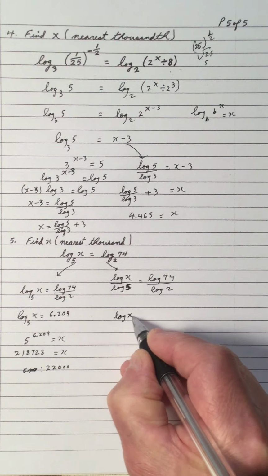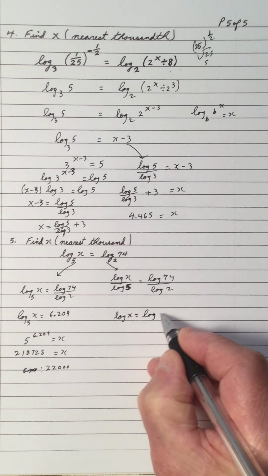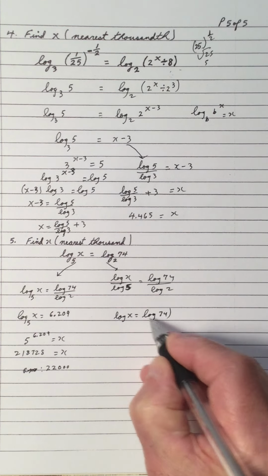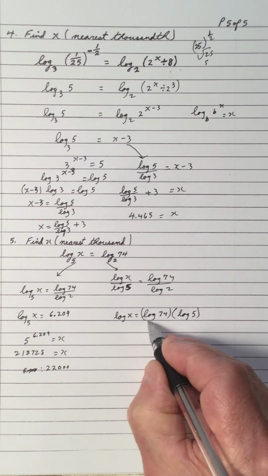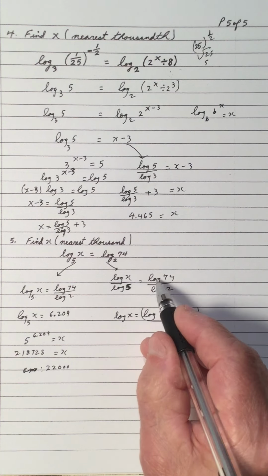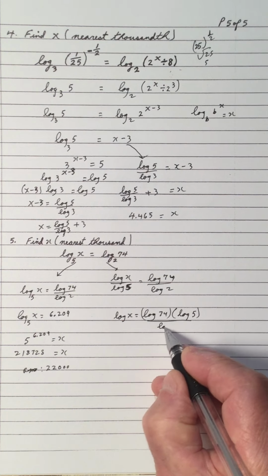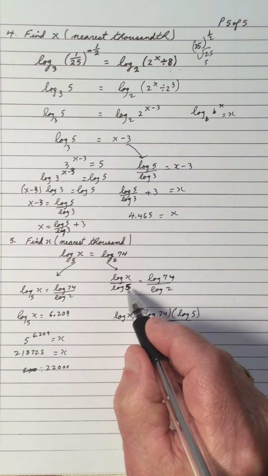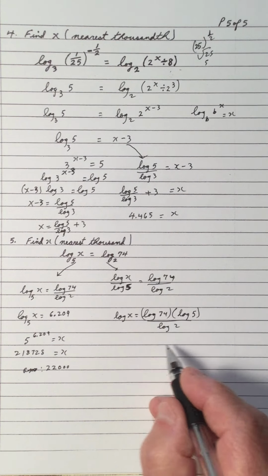So the log x is the log of 74 times the log of 5, and we divide by log 2.